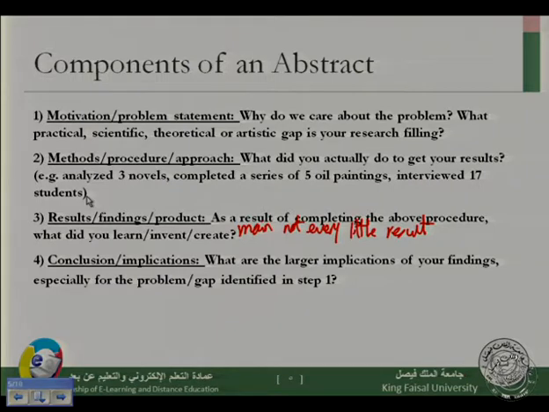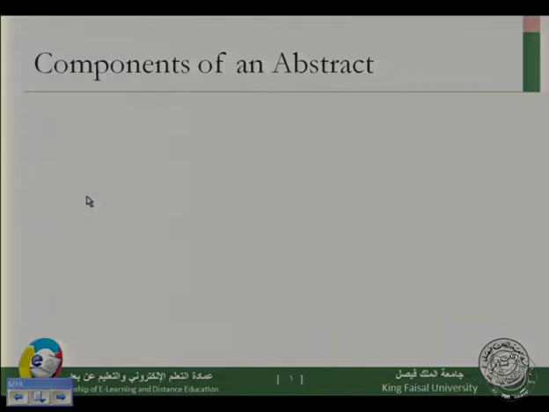While researching, you find more problems, more topics to research, more results, and your job is how to report all of these in a unified, well-organized, well-written research. So these are the components of an abstract.